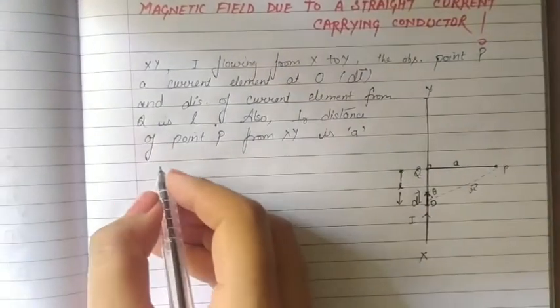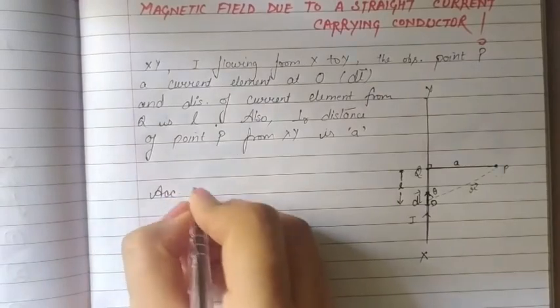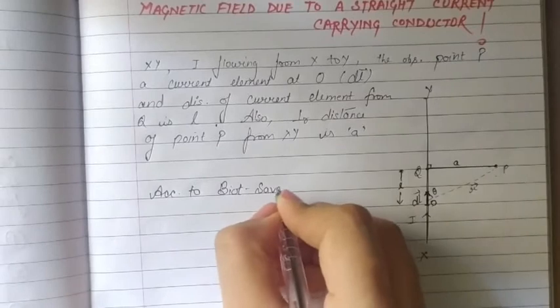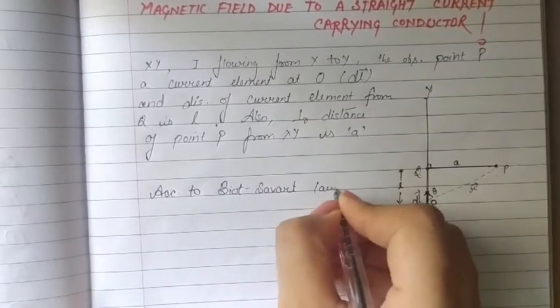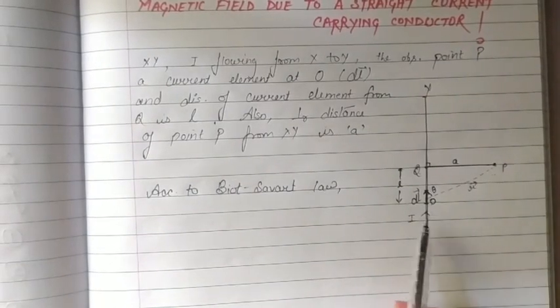Now we can apply the Biot-Savart law. According to the Biot-Savart law, we are going to find the magnetic field strength at point P because of the current element dl vector.